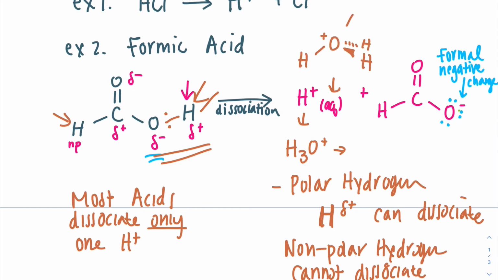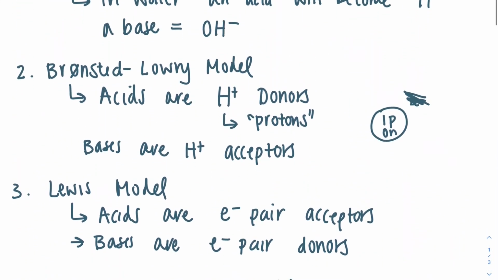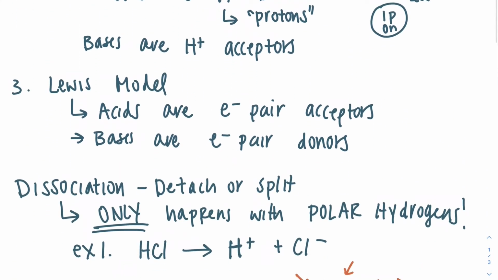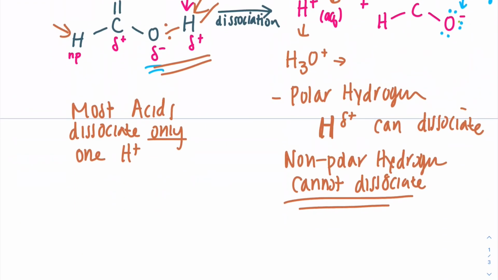This is unstable. Thus, this H+ can come on and off. So this is kind of where you get the Arrhenius model. So you can see that all of the models really all work together. It's just you go from something very specific, like the Arrhenius model, only about water, to something extremely general, like the Lewis model can be applied to anything, acids that don't have H+. All right, you should be able to do your homework now.